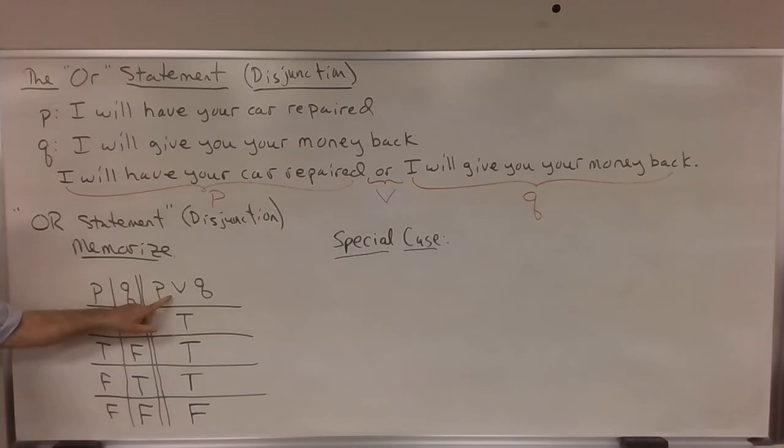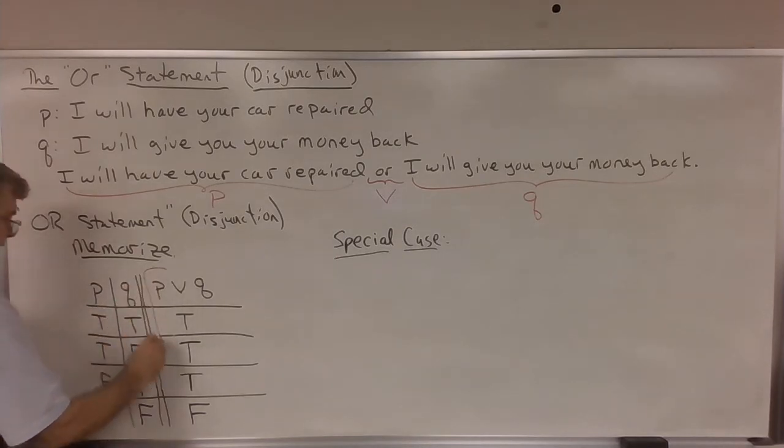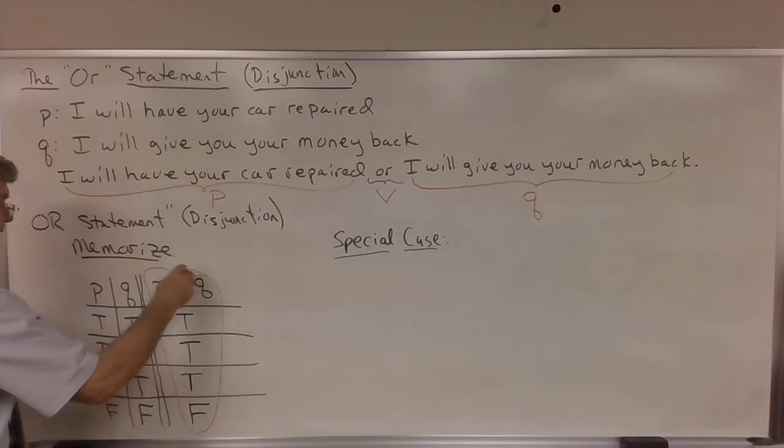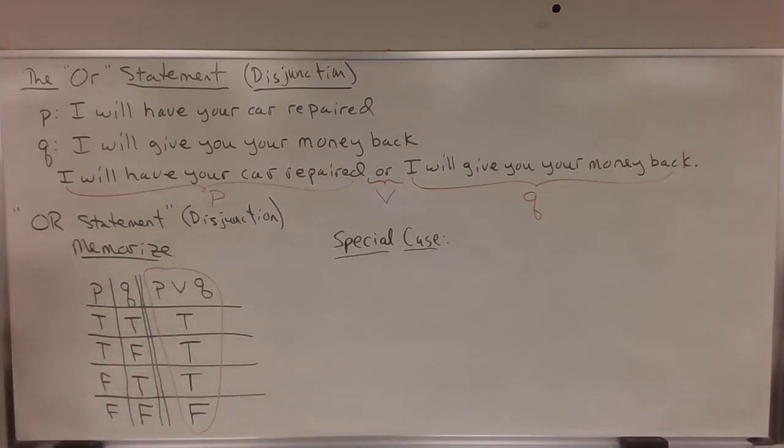So if we have an or statement, when both P and Q are false, then the or statement is false. And this is the special case that we want to remember. An or case is only false when both statements are false.